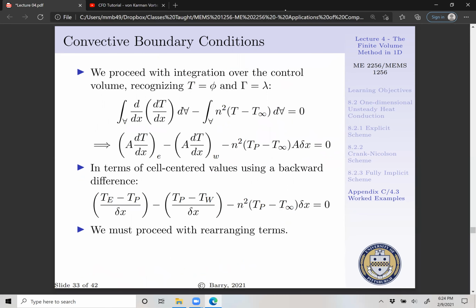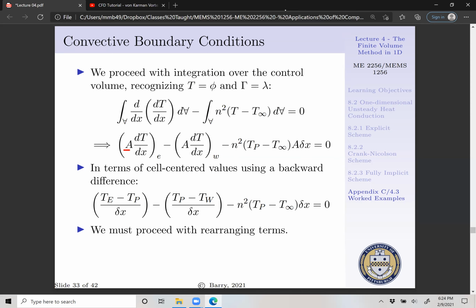Now, we're going to do our volumetric integral, since this is purely a spatial term. We're going to set our defined quantity phi as temperature, and lambda equal to our diffusivity. When we say we integrate over volume, we're actually integrating over area, because this is 1D. We integrate our left-hand side, d by dx of dT dx, with respect to volume.